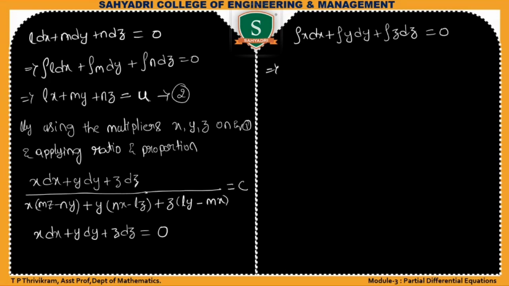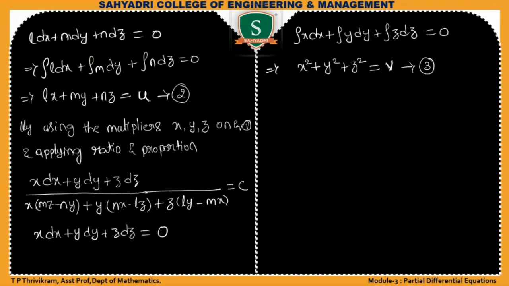Implies x square plus y square plus z square is equal to, sorry, some constant. I can take this as v, and I am taking this as equation 3.